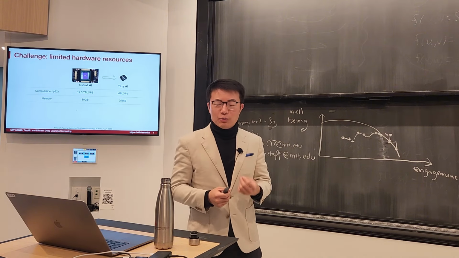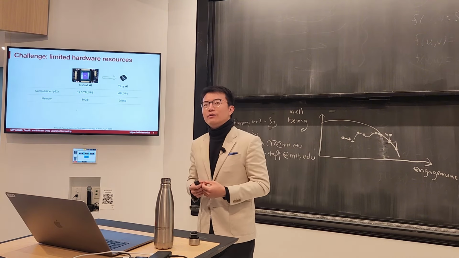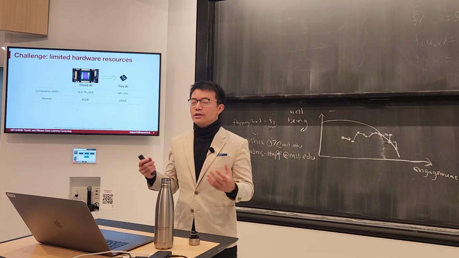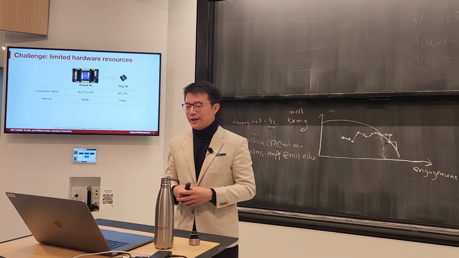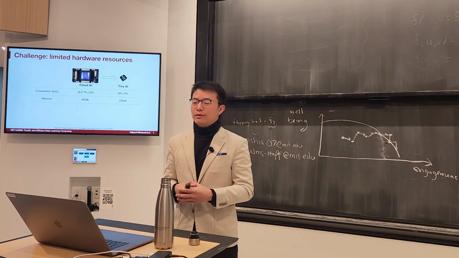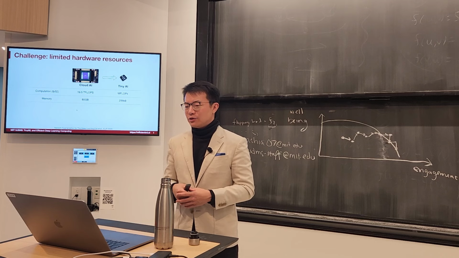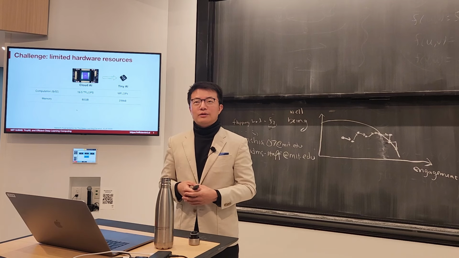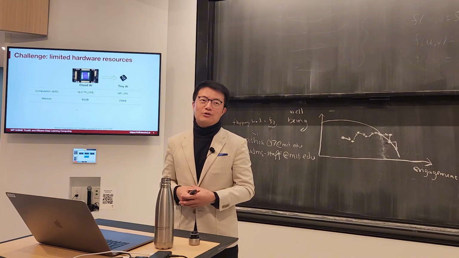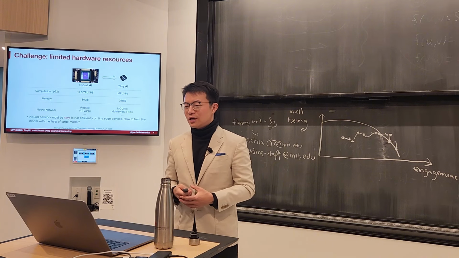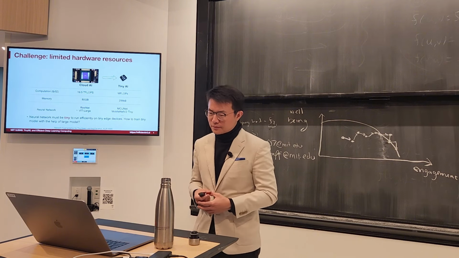So what's the motivation here? Again, we have limited hardware resources across different platforms. In the cloud, GPUs are super expensive, and the memory capacity is also limited: 80 gigabytes, 120 gigabytes, etc. Not to mention the mobile devices and microcontrollers, where you have a couple of hundred kilobytes of memory versus tons of gigabytes of memory.